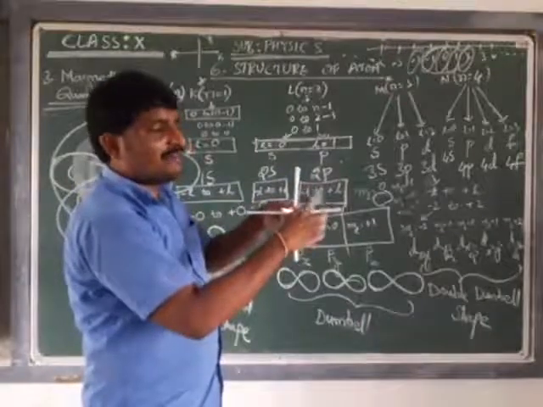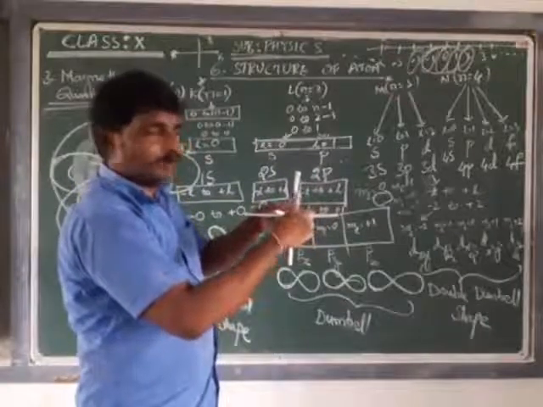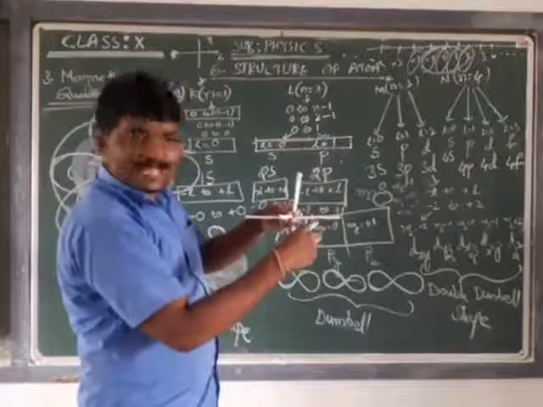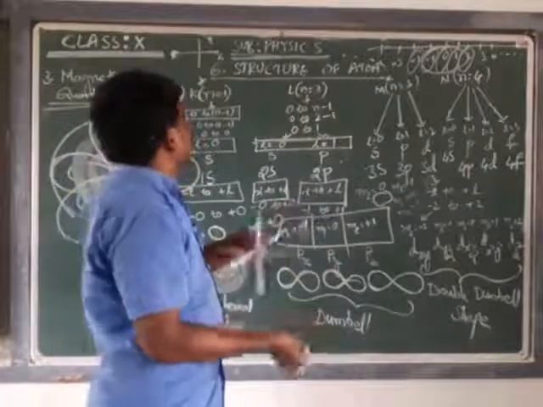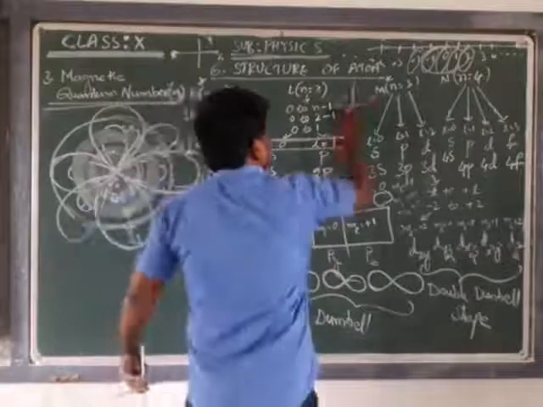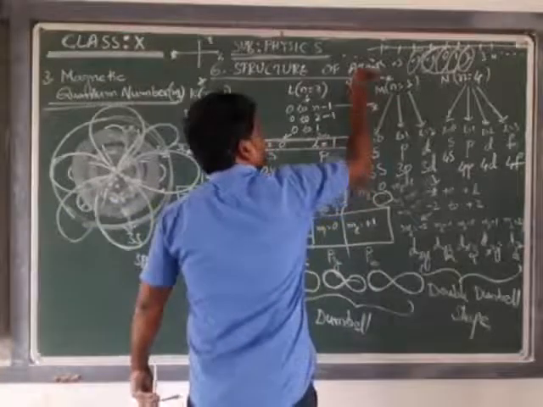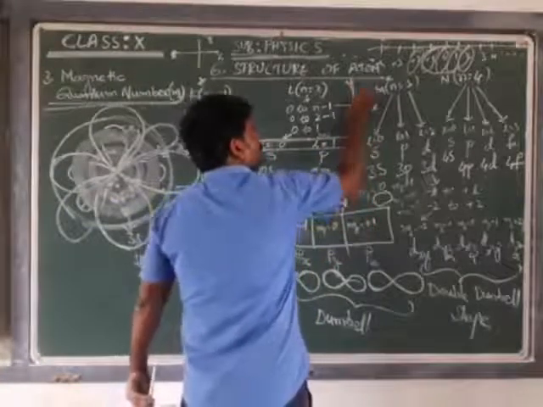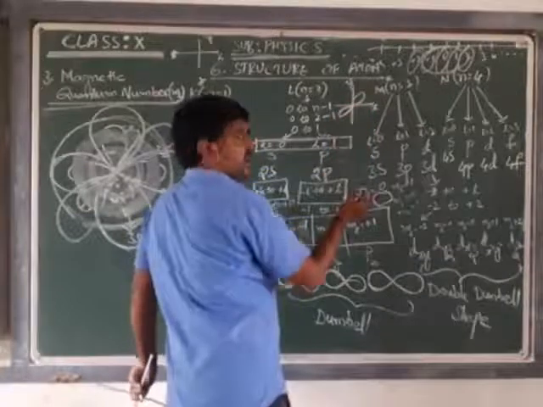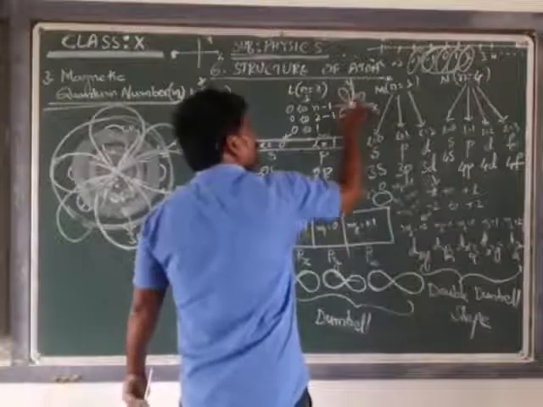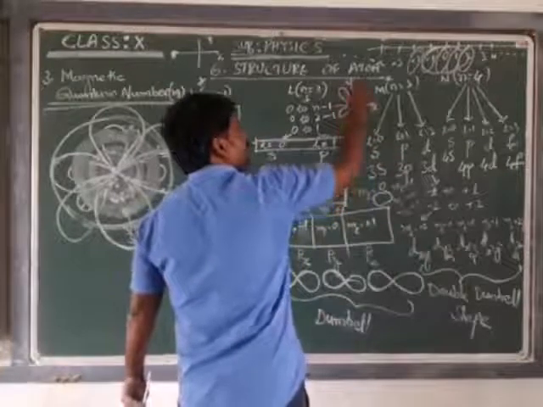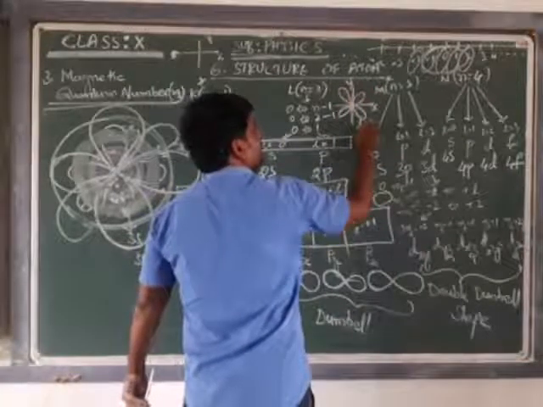Again between x and y, here also one dumbbell comes. That is a double dumbbell. Between these two axes is one dumbbell, and between these two there is again one dumbbell. This combination of the two dumbbells together we can call dxy.